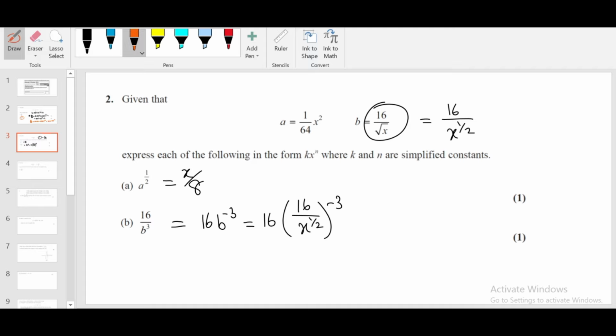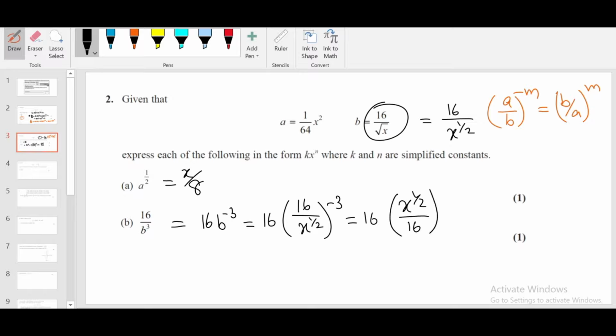Remember this rule: when you have a over b to a negative power, you can flip the fraction and change it to a positive power. So it's going to be 16 times x power half over 16, power positive 3. So it's basically 16 times x power half power 3, which is x power 3 by 2, divided by 16 cubed. You need to put the cube separately.